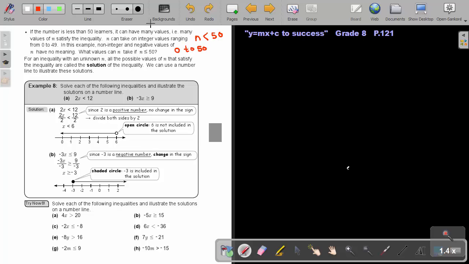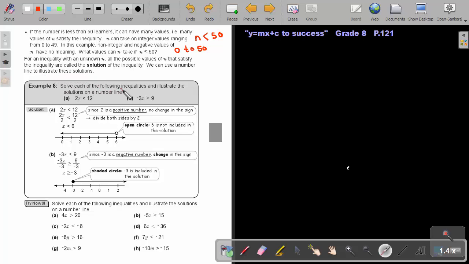So in this one, 50 is not included, and in this one, due to the equal sign, 50 is included. For an inequality with an unknown n, all possible values of n that satisfy the inequality are called the solutions of the inequality. We can use a number line to illustrate these solutions.